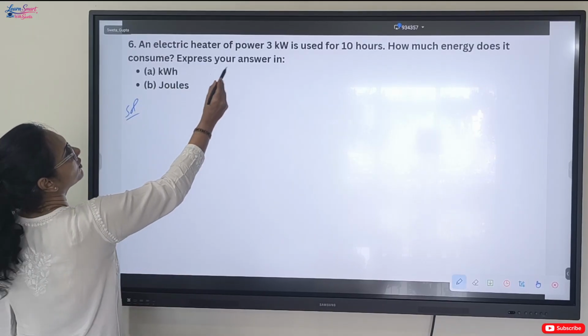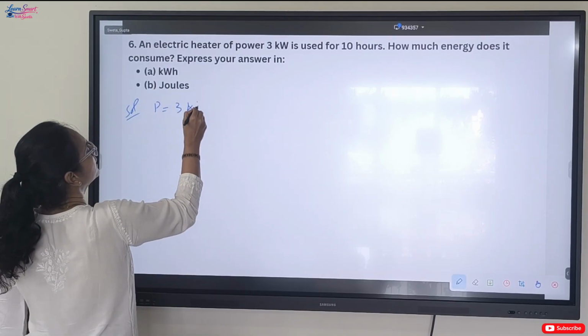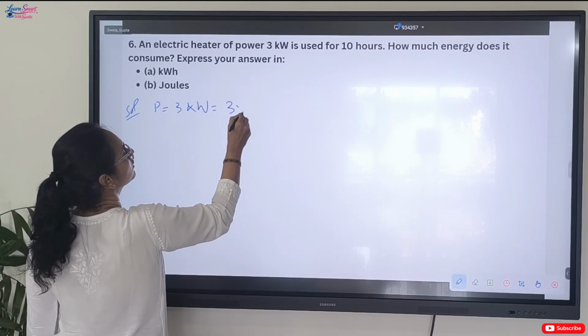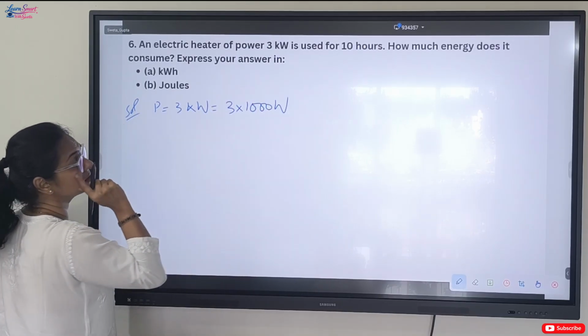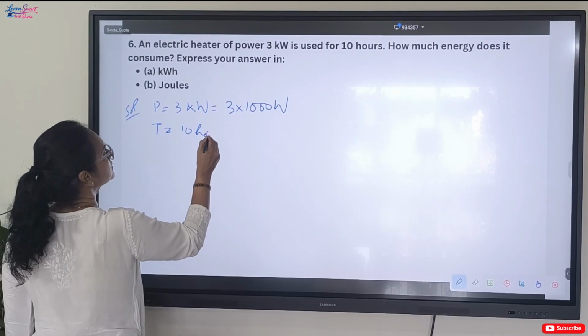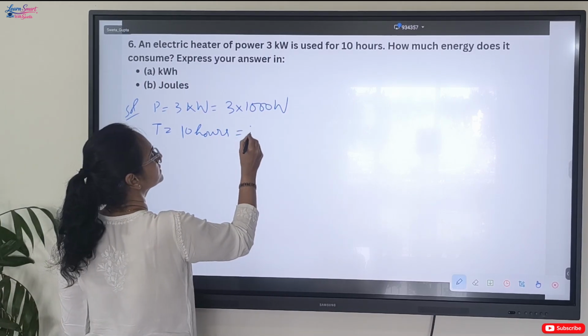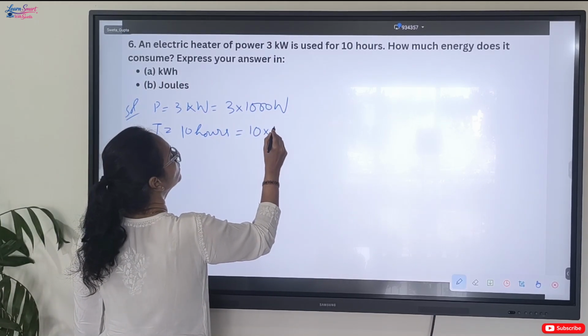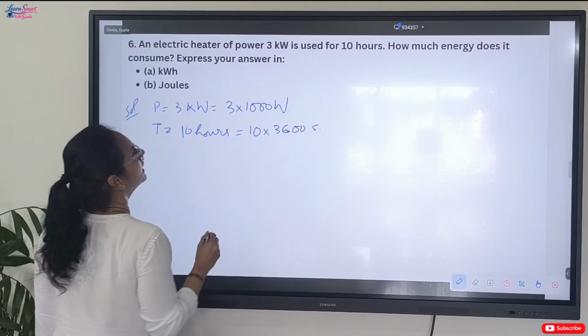See, an electric heater of power 3 kilowatt. So we will write power is equal to 3 kilowatt and convert it into watt: 3 into 1000 watt. It is used for 10 hours. So time is equal to 10 hours. But this is not the SI unit, so we will convert it to seconds: 10 into 3600 seconds.